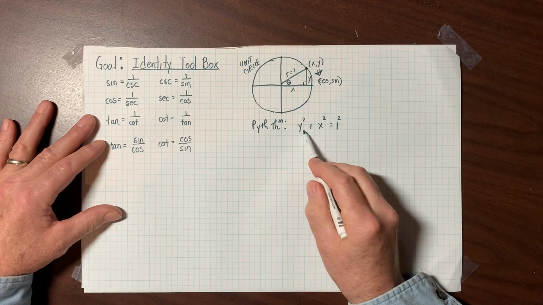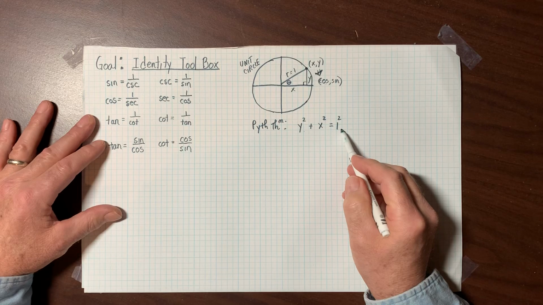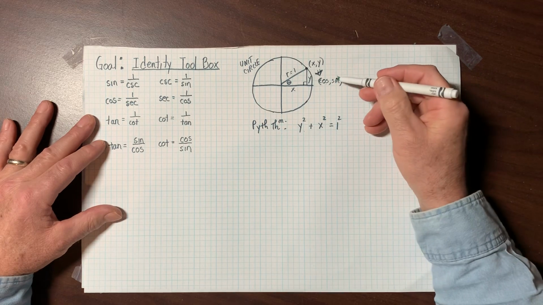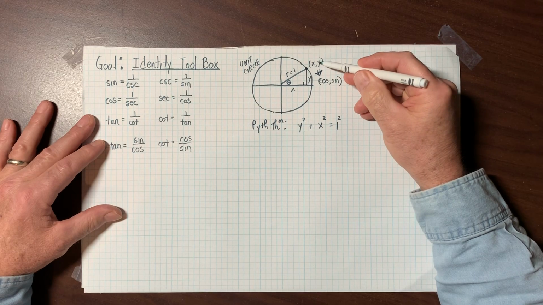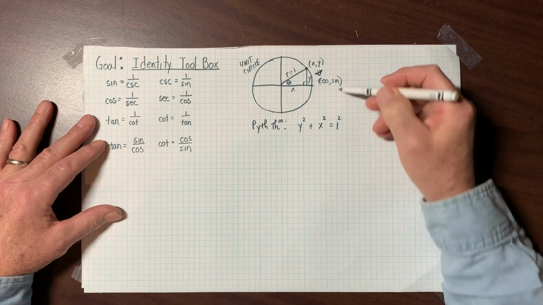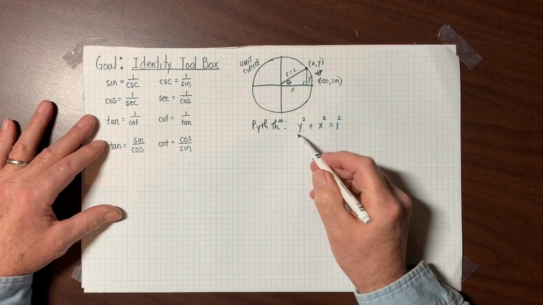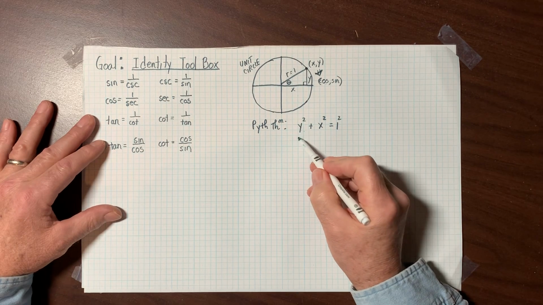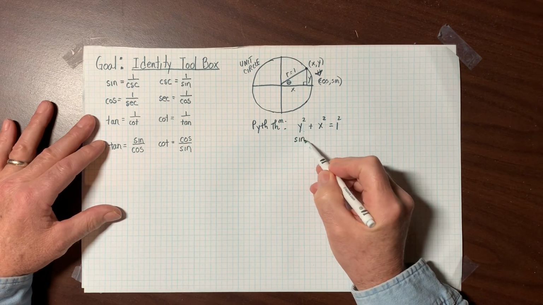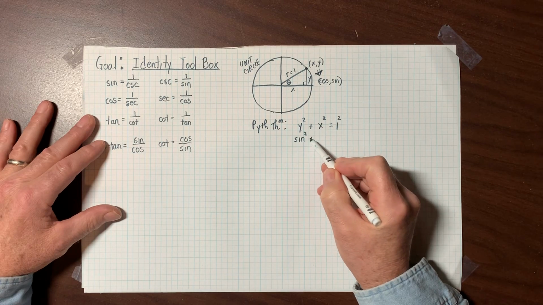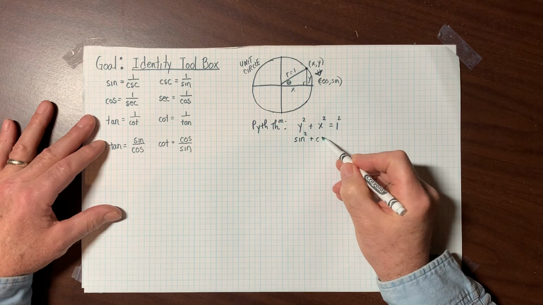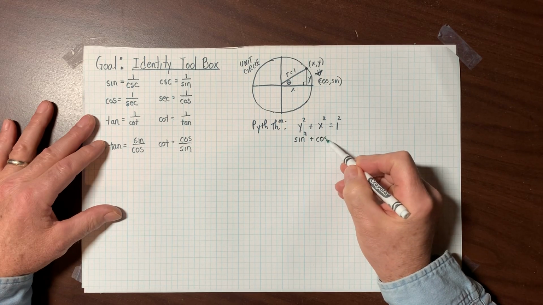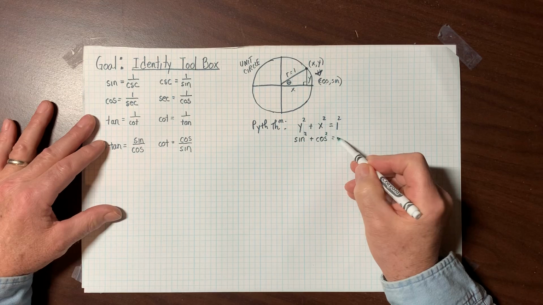Now, when you look at this relationship here, and you know that x is cosine and y is sine, you could do a little substitution. If you put sine in for y, you're going to have sine squared. And if you put cosine in for x, you're going to have cosine squared equals 1.